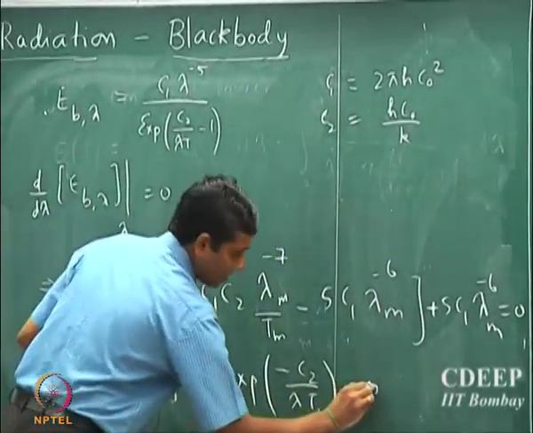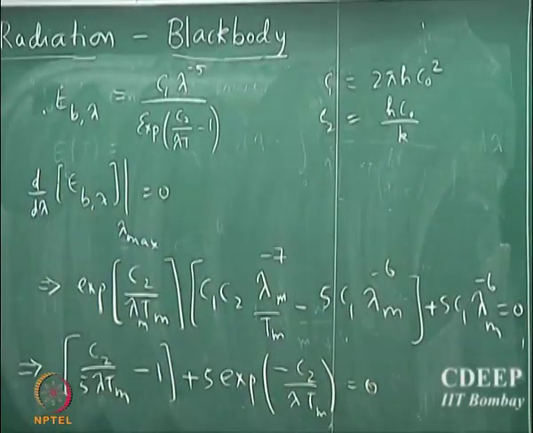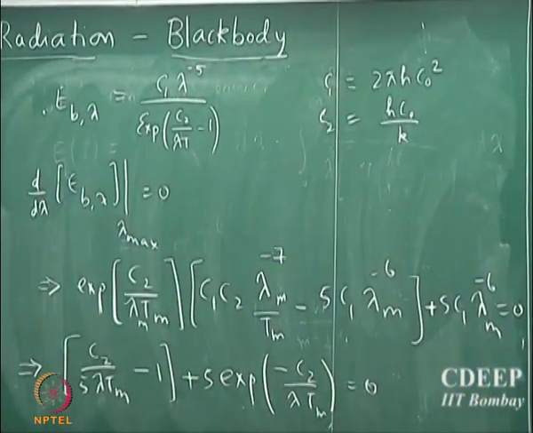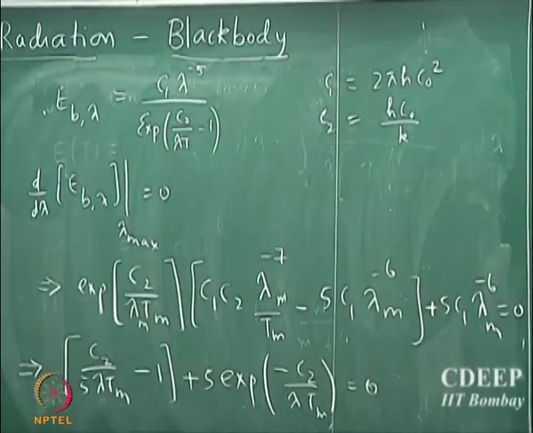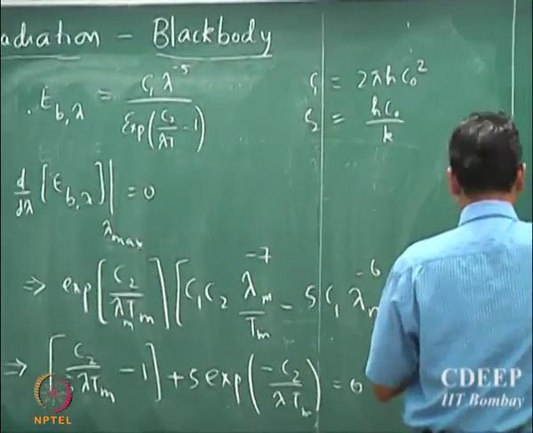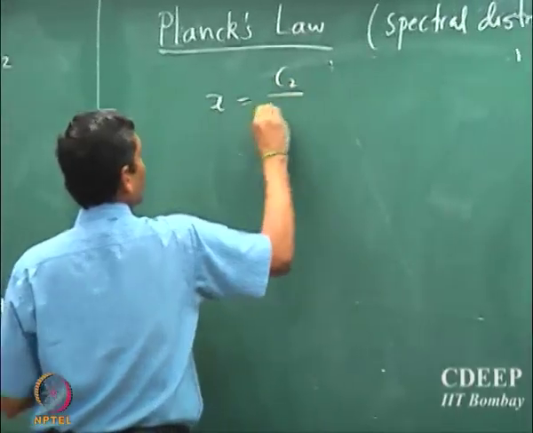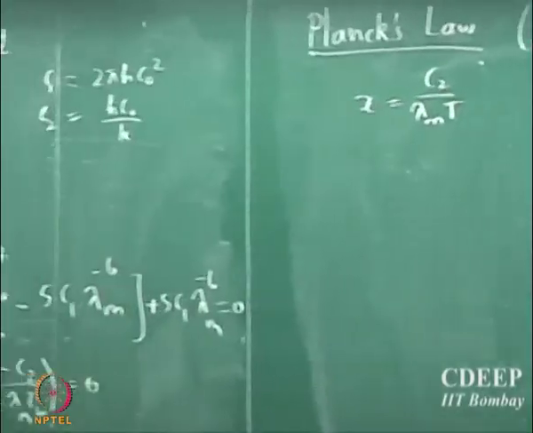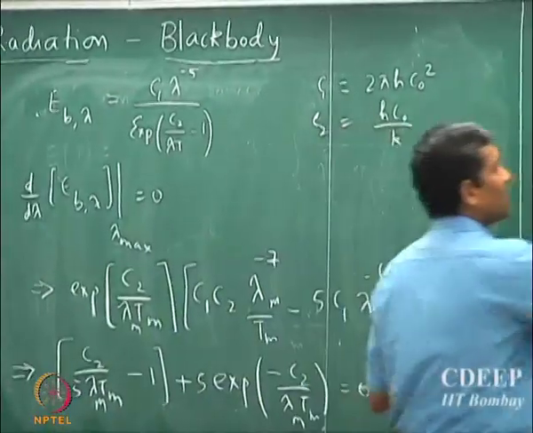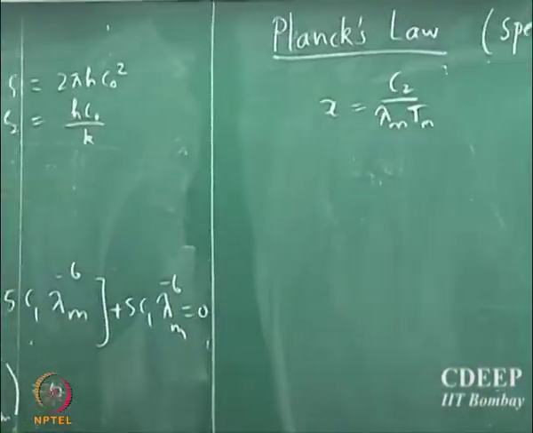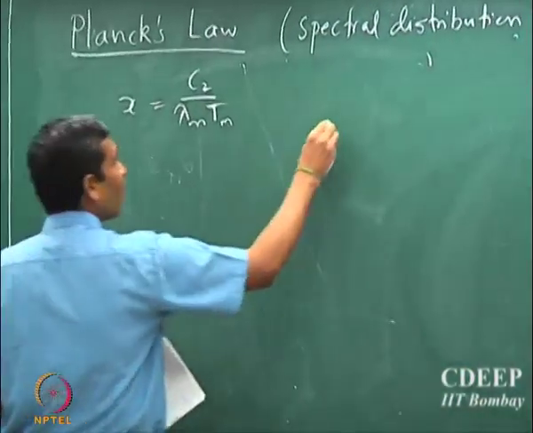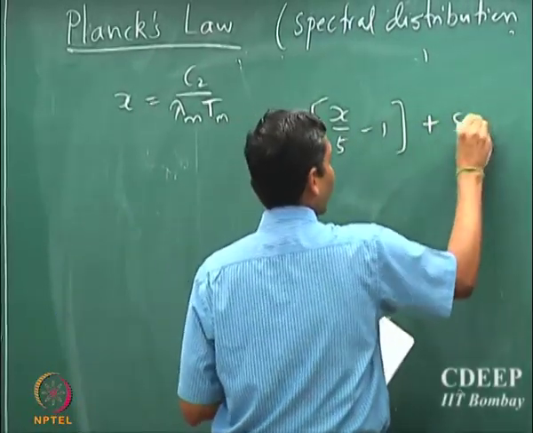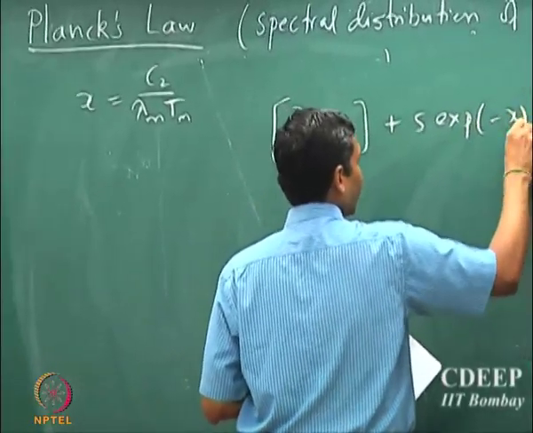Now you set x is C2 by lambda m Tm, where Tm corresponds to the corresponding temperature, and so you can solve the equation x by 5 minus 1 plus 5 times exponential of minus x equal to 0.